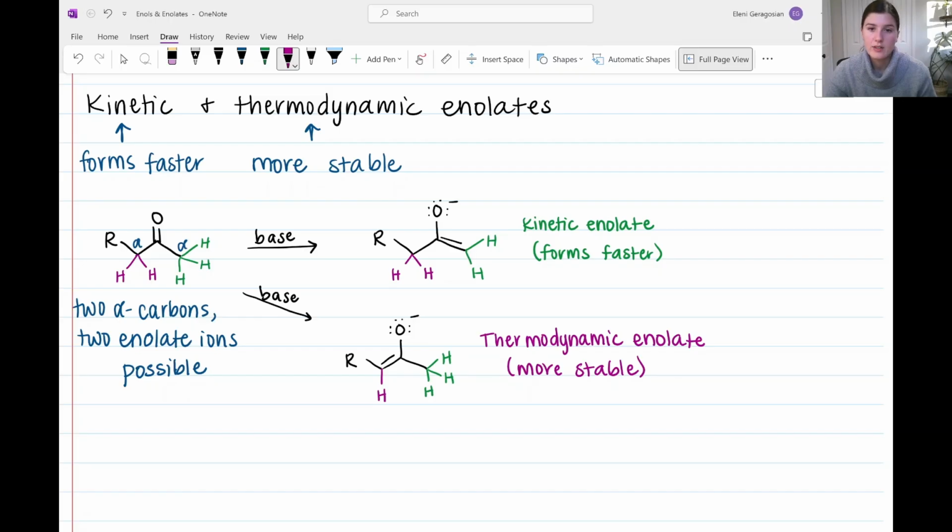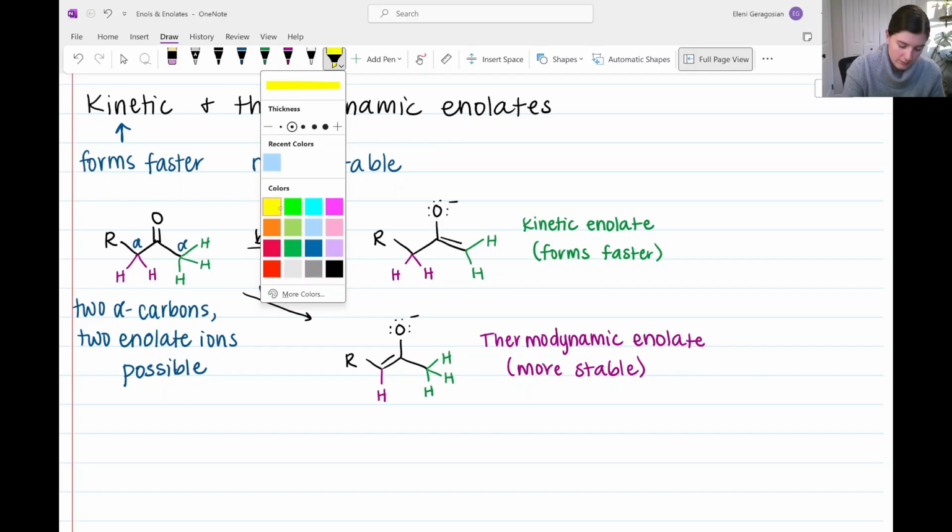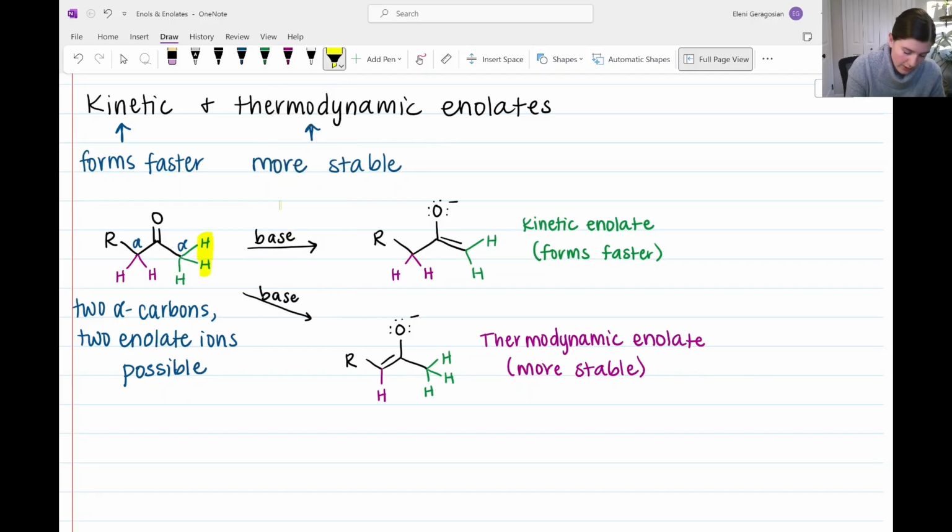So our kinetic enolate forms faster, again, because any one of those 3 hydrogens could be removed to form it. As opposed to forming the thermodynamic enolate, where there's only 2 hydrogens.